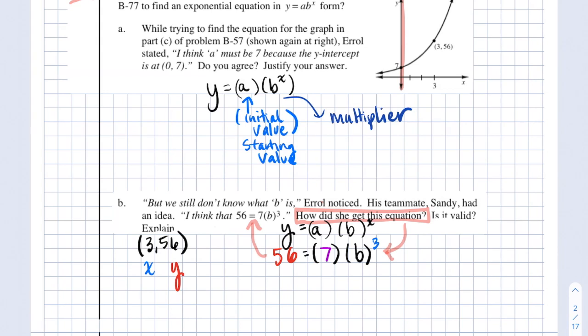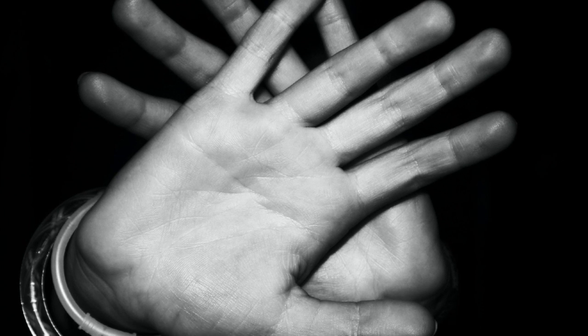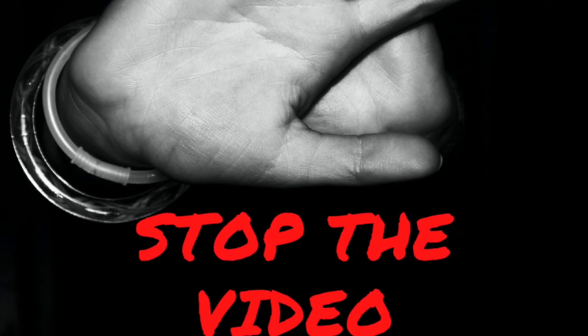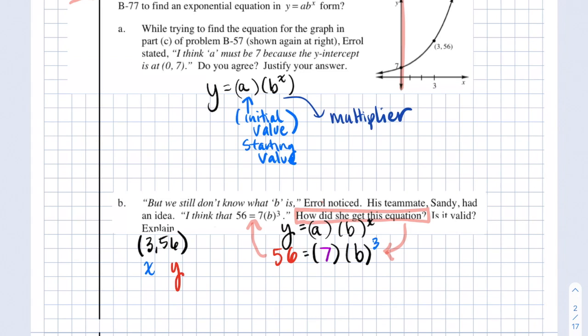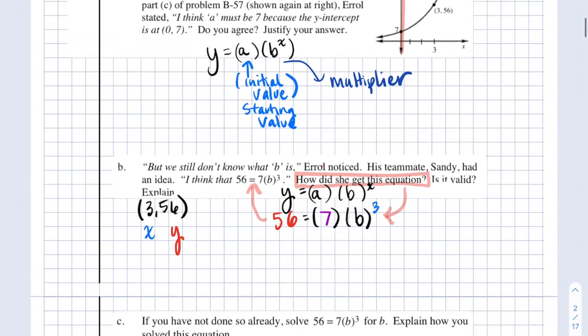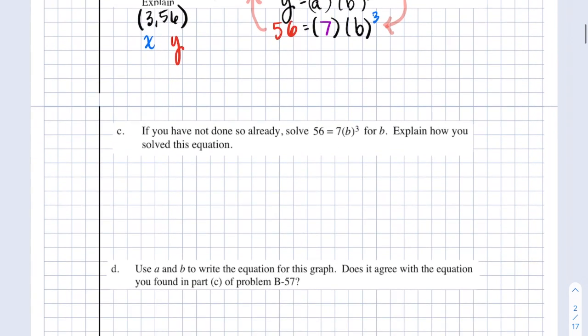So please take the time now, pause the video to answer, is this valid? Yes or no? So let's take the time to work on C. Pause the video so you can try to figure out a strategy that we can use to solve this equation for b.